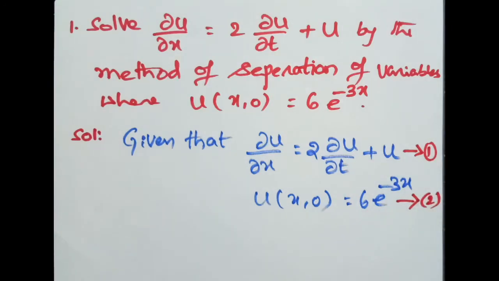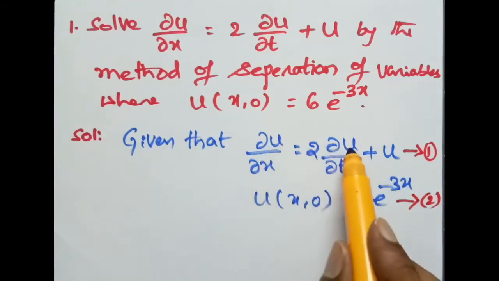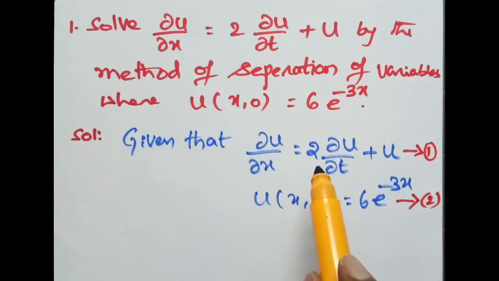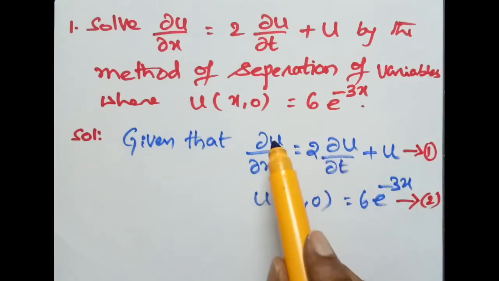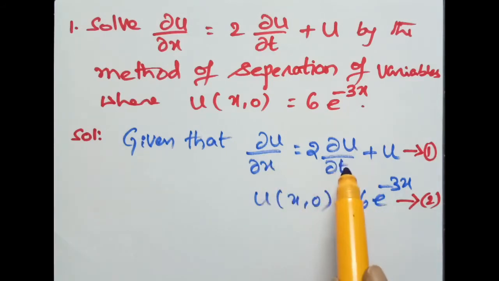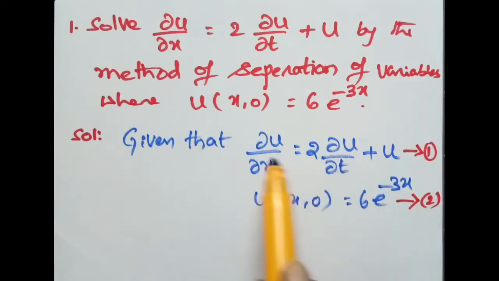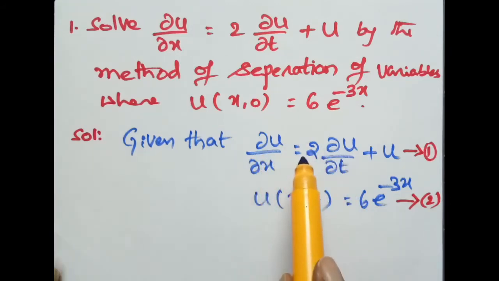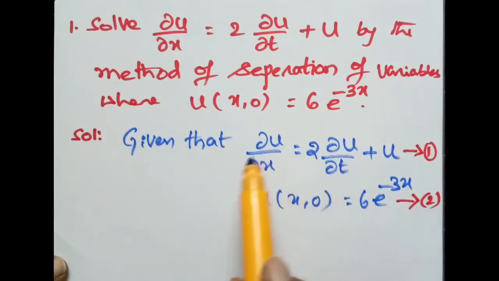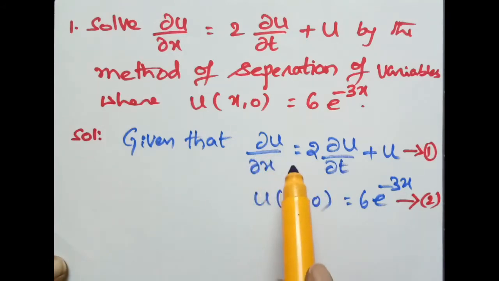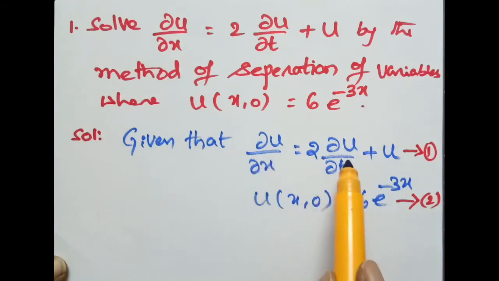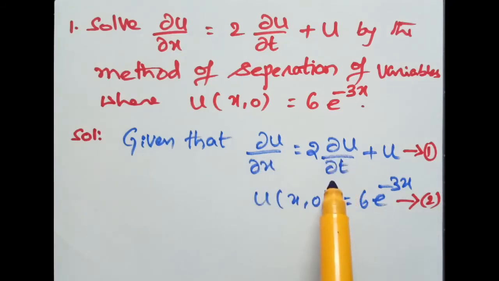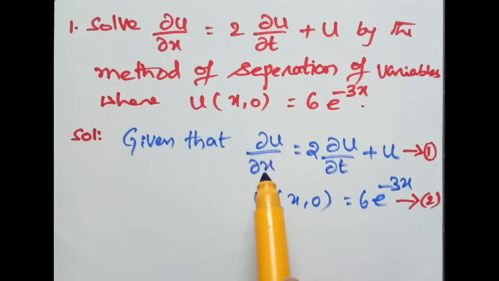Here if you observe the given equation number 1, u is a dependent variable, x and t are independent variables. That means u is a function of x and t. Since u is a function of x and t, let us assume that u is equal to a function of x into a function of t be the trial solution, as explained before this problem.